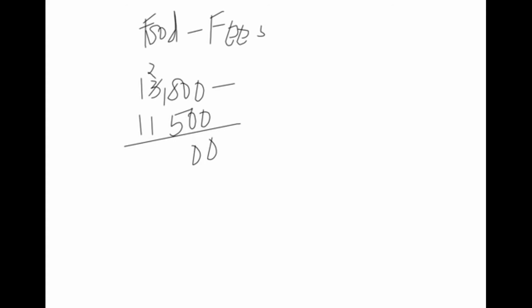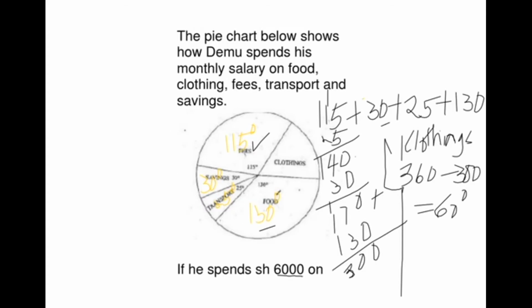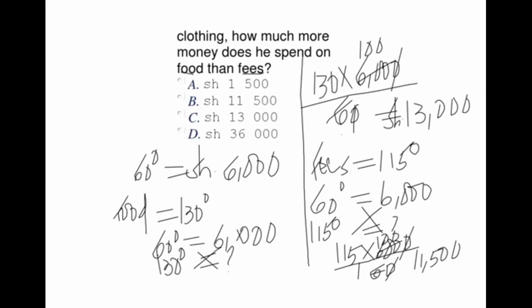We borrow from here, so this is 8. This is 10 minus 5 is 5. 2 minus 1 is 1. So we have 1,500 shillings. 1,500 shillings more.